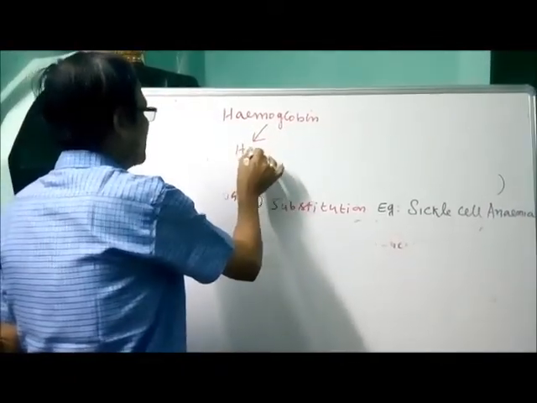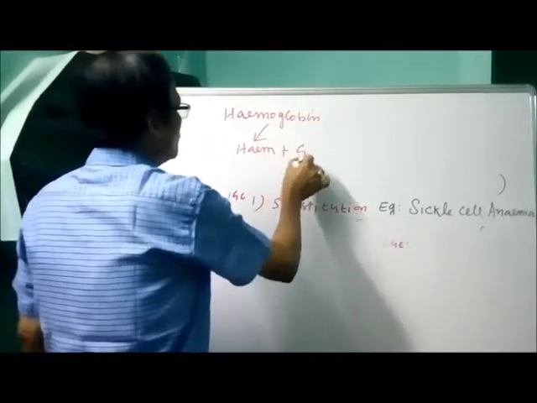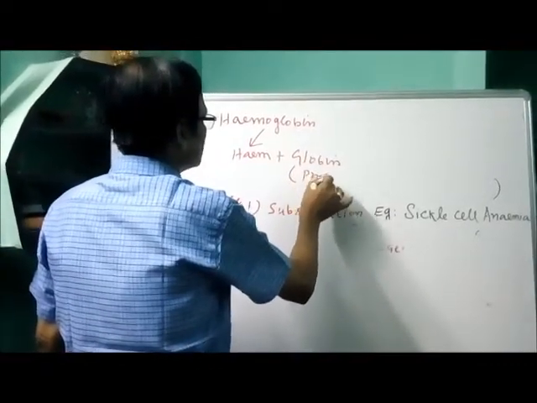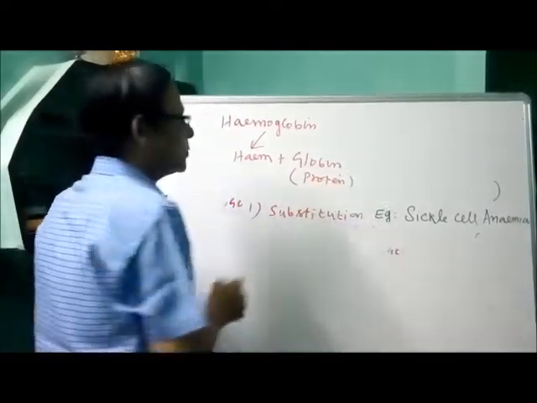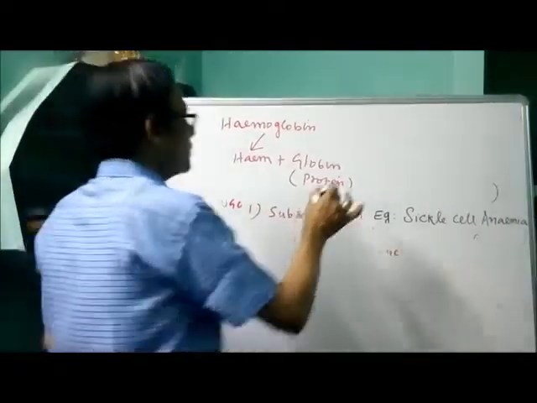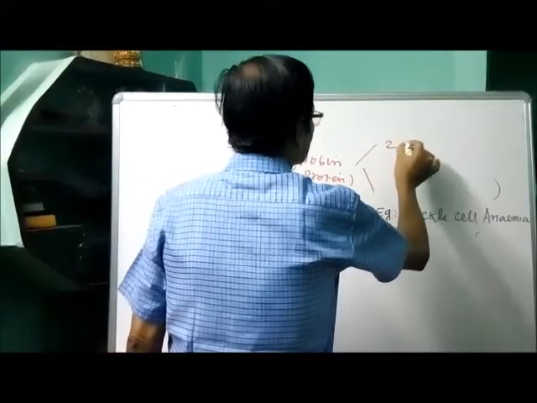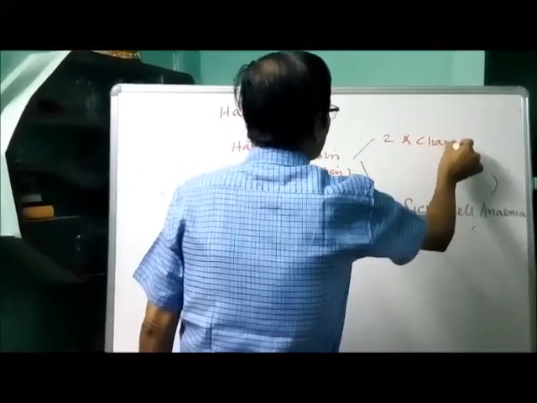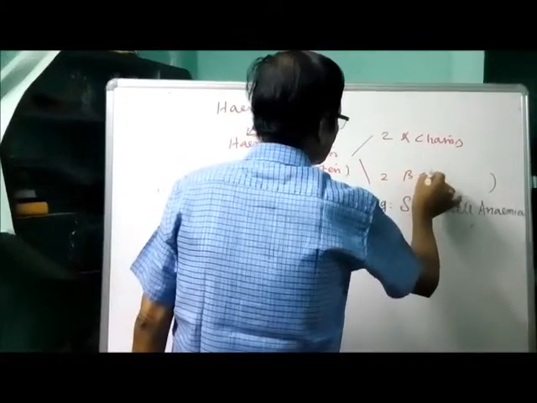One, heme, another one, globin. The globin is a protein part having 4 chains, 2 alpha chains and 2 beta chains.